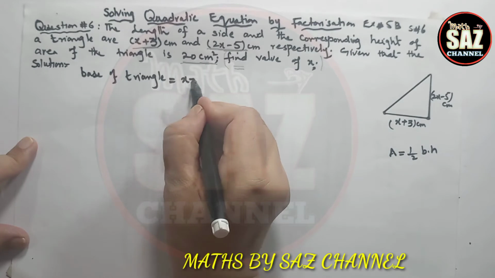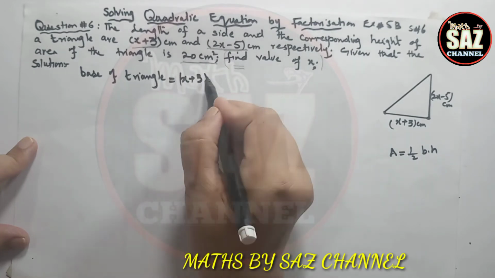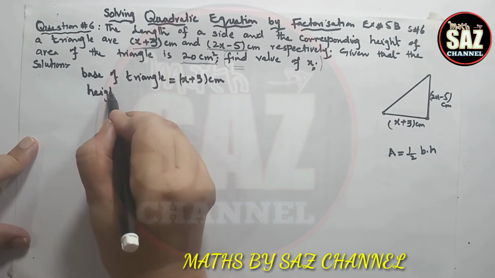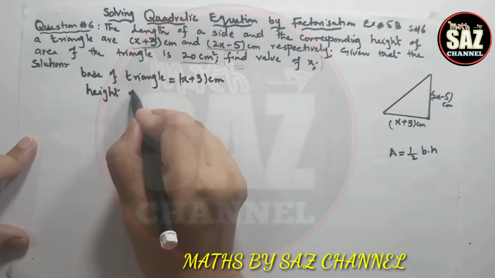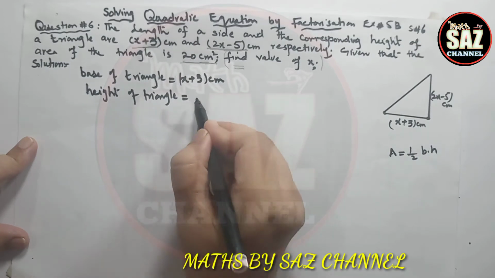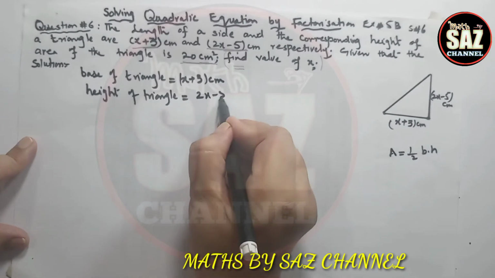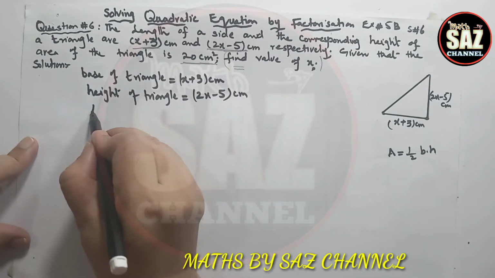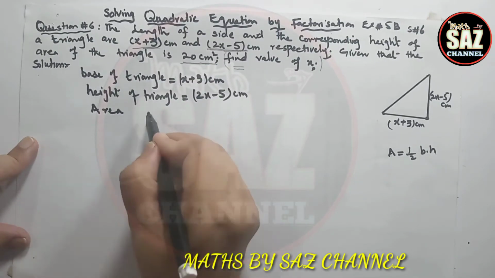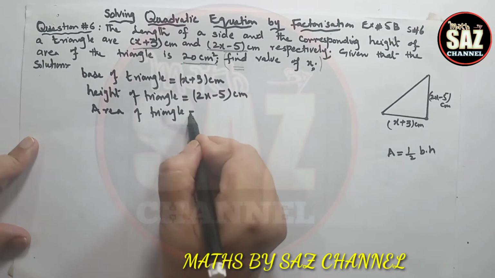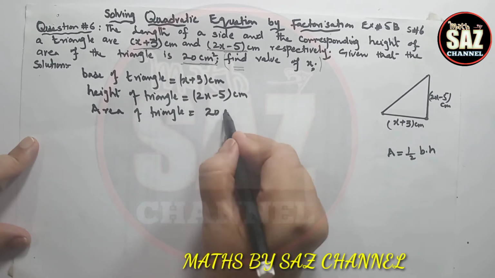x plus 3 centimeter, and the information given for the height of triangle is 2x minus 5 centimeter, and the given information for the area of triangle is 20 centimeters square.